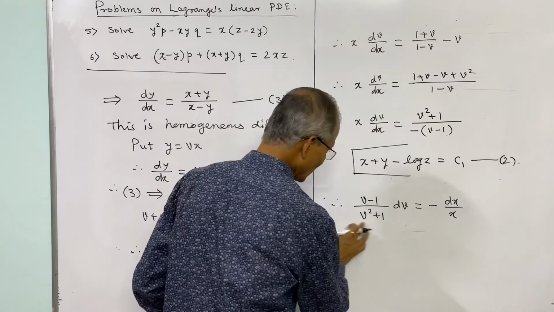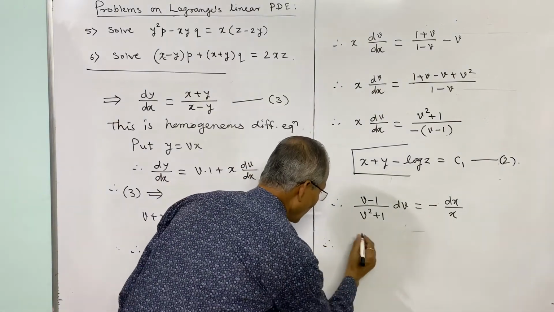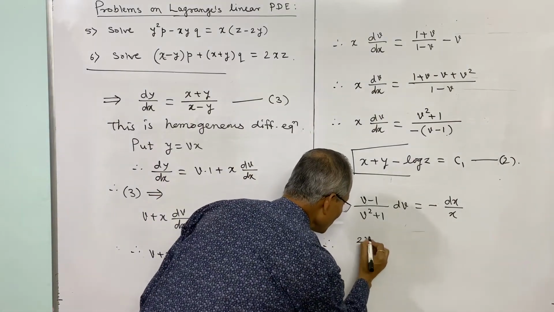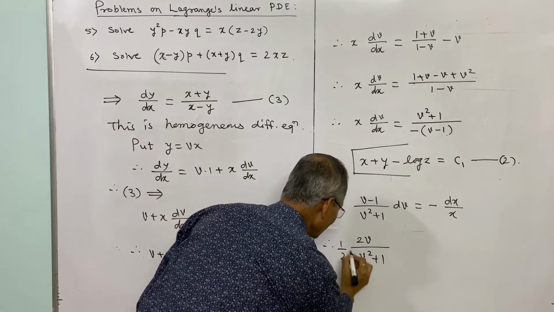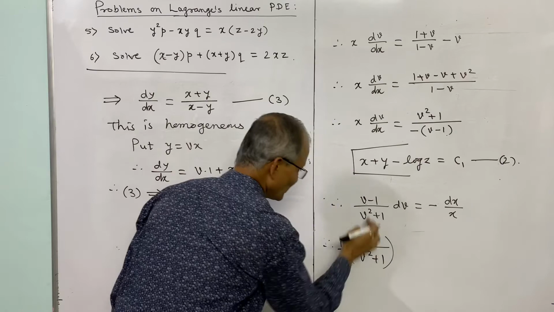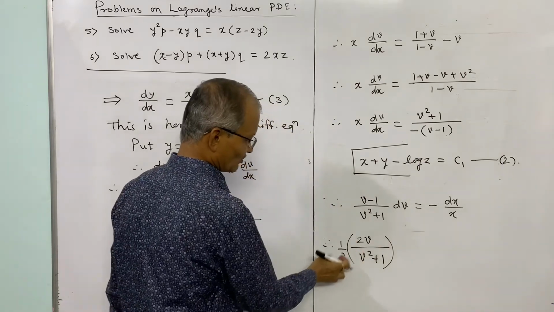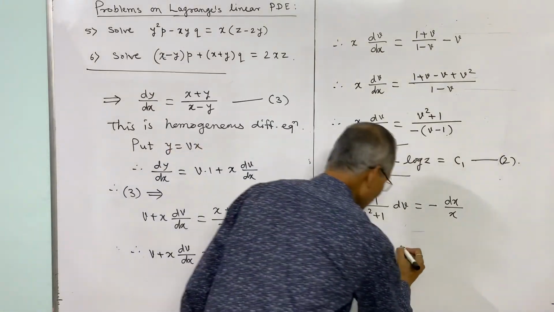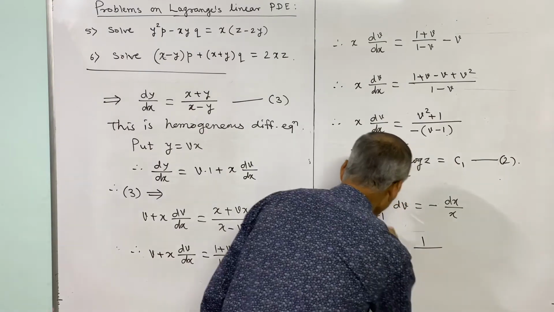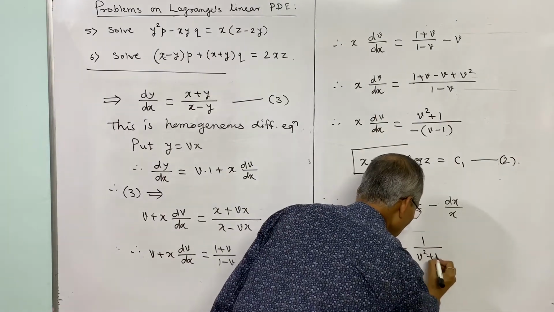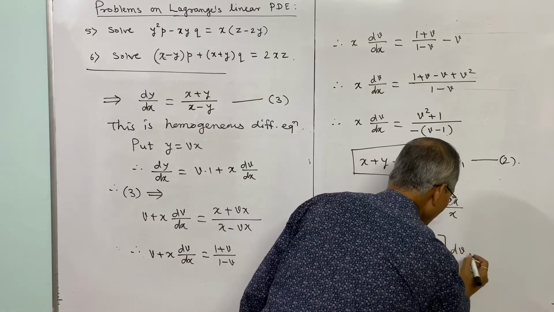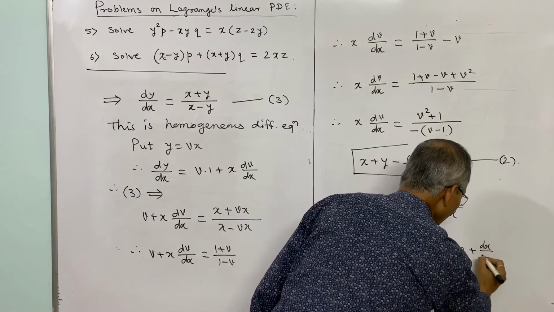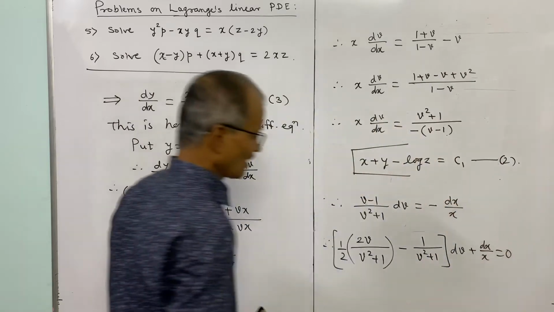So this is v divided by v square plus 1, and I shall write it as 2v divided by v square plus 1, with 1 by 2. The 2 cancels, and minus 1 divided by v square plus 1 into dv. You may verify this, plus dx upon x is equal to 0.